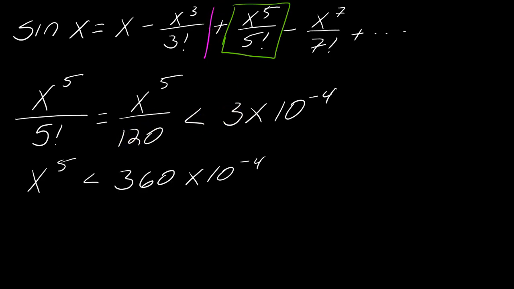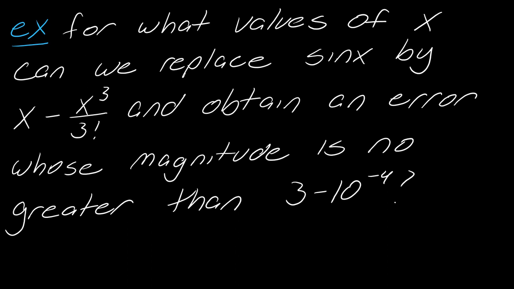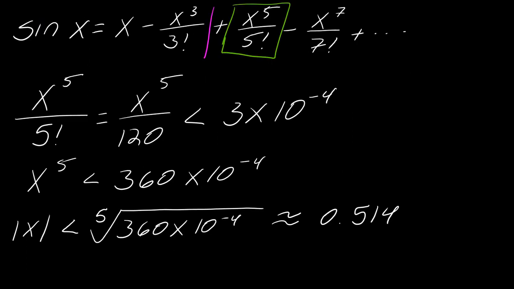So 3 times 120 is 360. So now I need x to the 5th less than 360 times 10 to the negative fourth. And then I can just finish solving this. So I need that the absolute value of x has to be less than the 5th root of 360 times 10 to the negative fourth. So when the absolute value of x is less than 0.514, that will ensure that I can replace sine of x by this and get an error whose magnitude is no more than the error that I wanted.